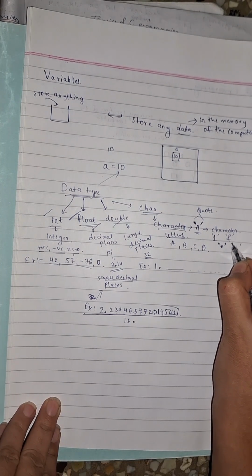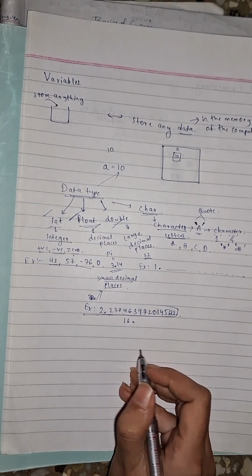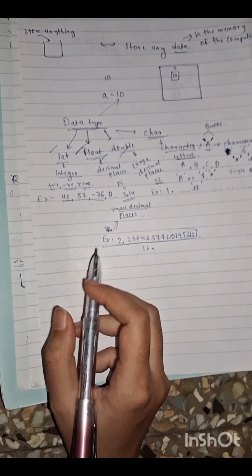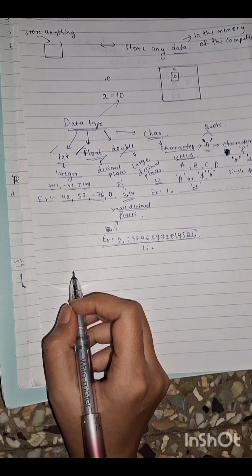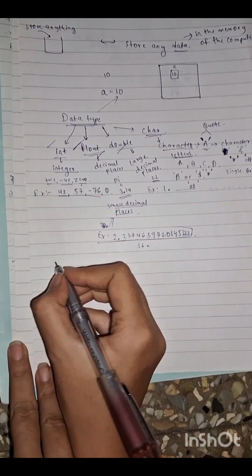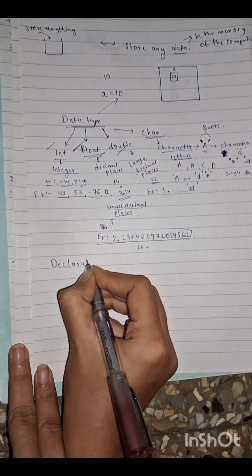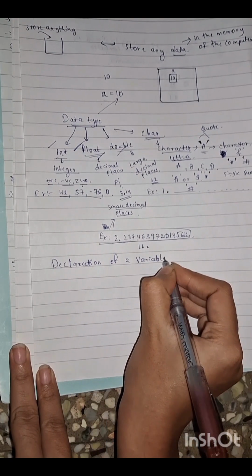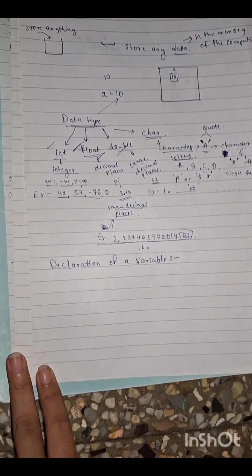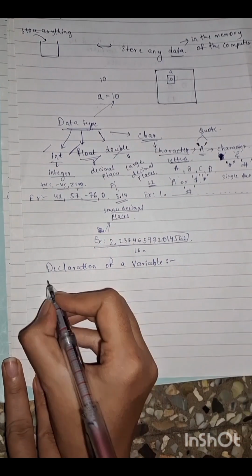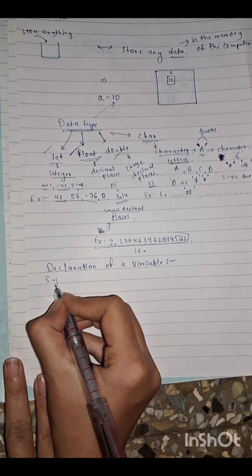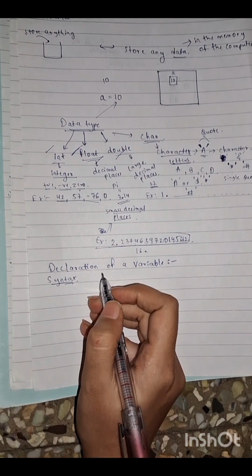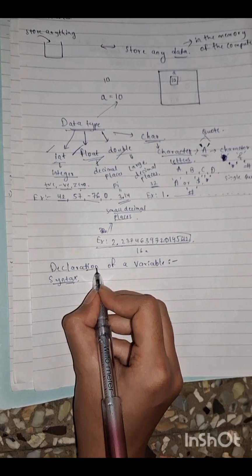That's the rule. Okay. So as we are now familiar with data types, we will now continue with declaration of a variable. There is a specific syntax for the declaration of the variable.